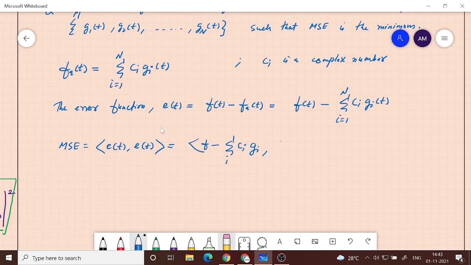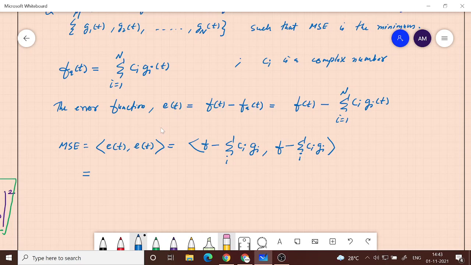This is the first entry, and the second entry is also the same because I am taking the strength of the error function. So the second entry is also the same. So far, is it okay, everyone, with me? Yes, sir. Okay. So now let's just expand as before.